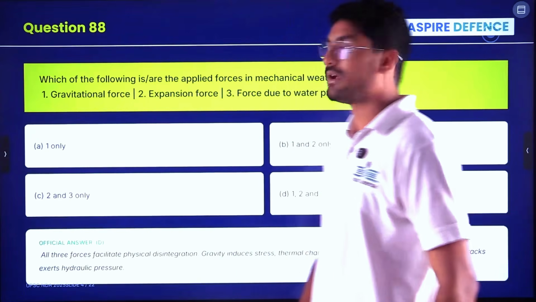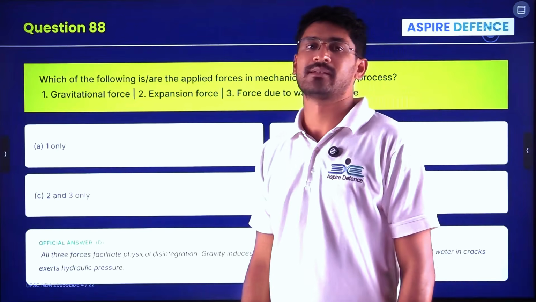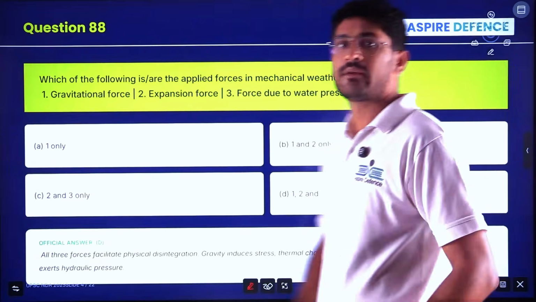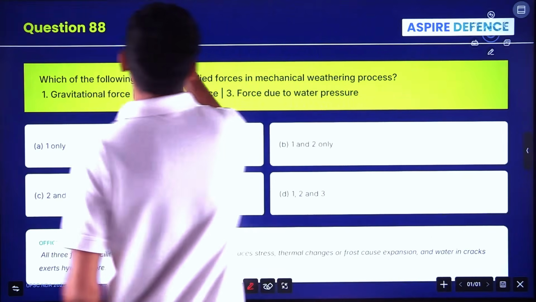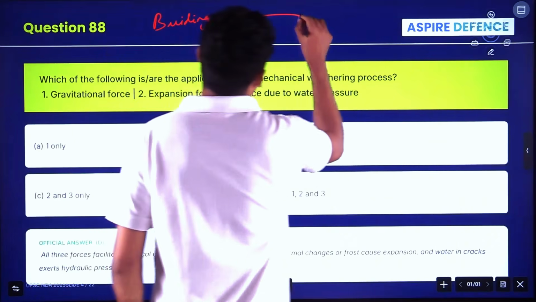Next, which of the following are the applied forces in mechanical weathering process? See, geography is about building and destruction.